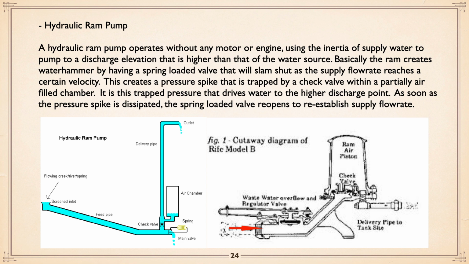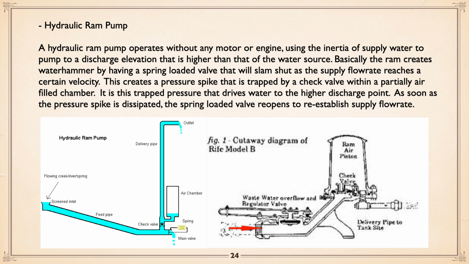And what happens is the flow rate picks up, it starts pushing against that spring, and eventually will slam the spring compressed. That valve will slam shut, and when it does, it creates water hammer. The water then, being pushed by just sheer inertia, will go up through the check valve, and there's an air chamber to kind of dampen it, up the delivery pipe and up to the outlet, which is higher than the stream or anything else down below.